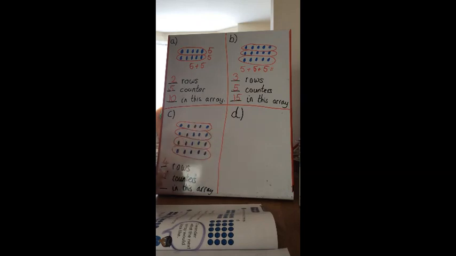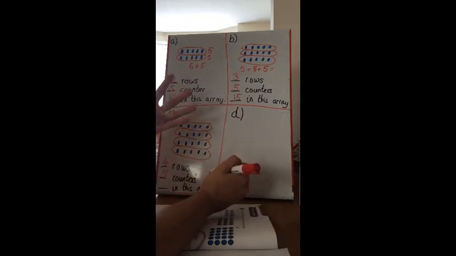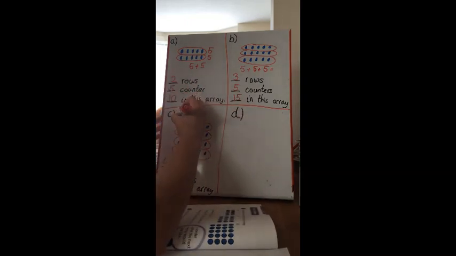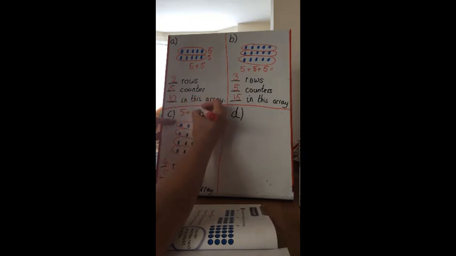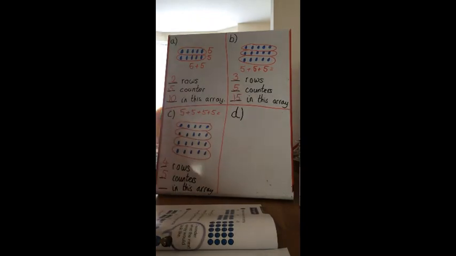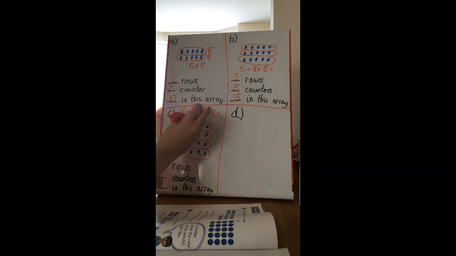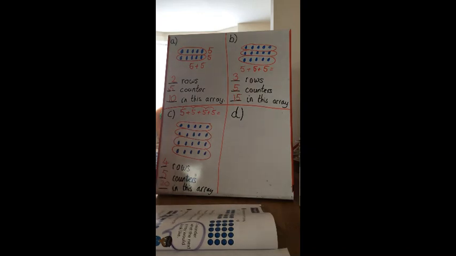There are 5 counters in each row. So we need to do 4 lots of 5, don't we? So 5 add 5 add 5 add 5. We could use this as our number line, couldn't we? 5, 10, 15, 20. There are 20 counters in this array.